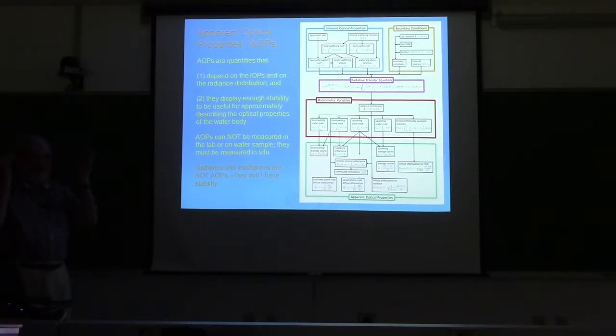And a lot of people in the field seem to think that everything is either an IOP or an AOP. It's not. Some things are IOPs, some things are AOPs, and some things are radiometric variables. They're neither one.